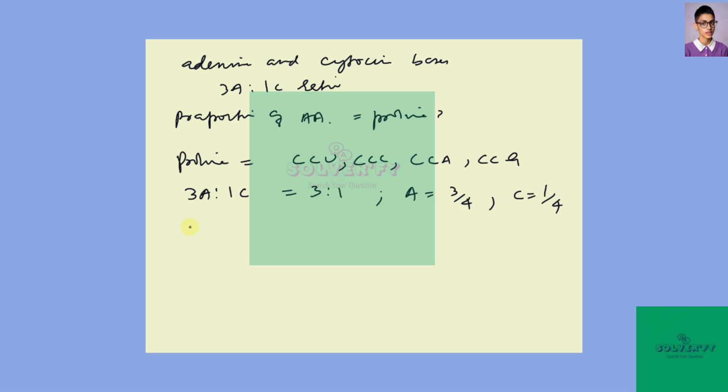Another step will be to calculate the probability of each proline codon. The first codon is CCU.